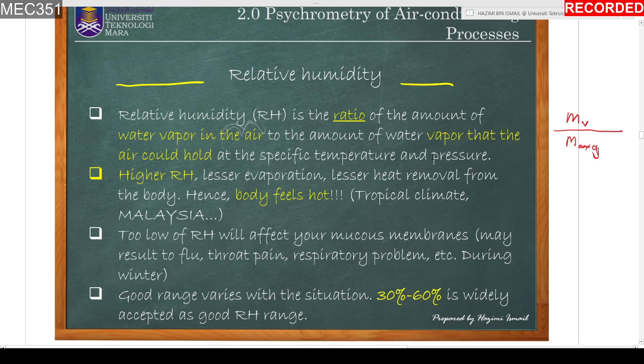So bila aircon hidup, aircon lakukan condensation process untuk kurangkan humidity. Bila berlaku condensation untuk kurangkan humidity, air daripada udara itu perlu berubah jadi liquid. Tu yang jadi titisan air.